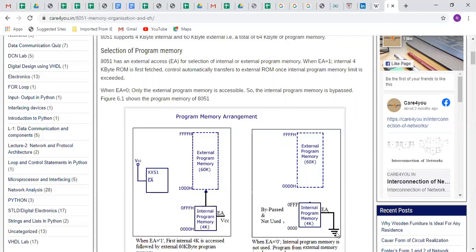But when EA is grounded, the internal program memory is bypassed and the instructions from only the external memory are fetched. Whereas if EA is connected to VCC, initially the instructions will be fetched from the internal program memory, and then the instructions are fetched from the external memory.